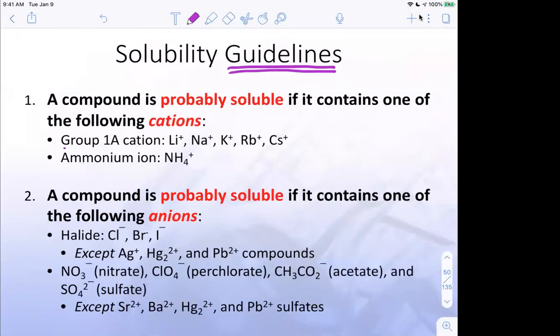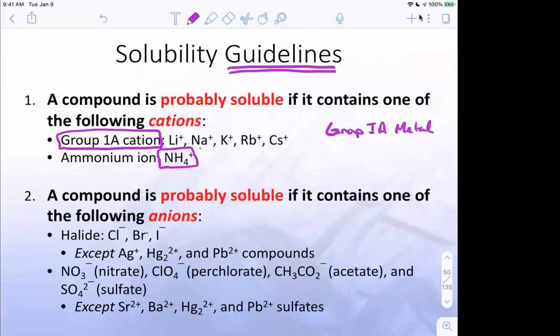If I have group 1A cations or ammonium, now what is a group 1A cation? It's the group 1A metal, right? This doesn't include hydrogen. Lithium, sodium, potassium, rubidium, cesium. They're supposed to lose an electron to become a +1 charge.